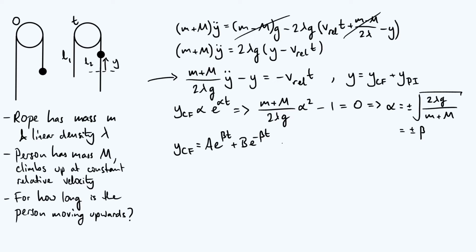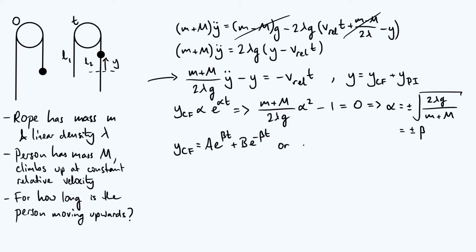Now I'm going to use a little trick here, which is to rewrite this using a different basis of functions, because again, it's just going to make our algebra a little bit more convenient later on. So this is a linear combination of exponentials. If you're familiar with hyperbolic sine and cosine functions, you'll know that those are also linear combinations of exponentials, e to the beta t and e to the minus beta t. So you can equivalently write this as a linear combination of hyperbolic trig functions.